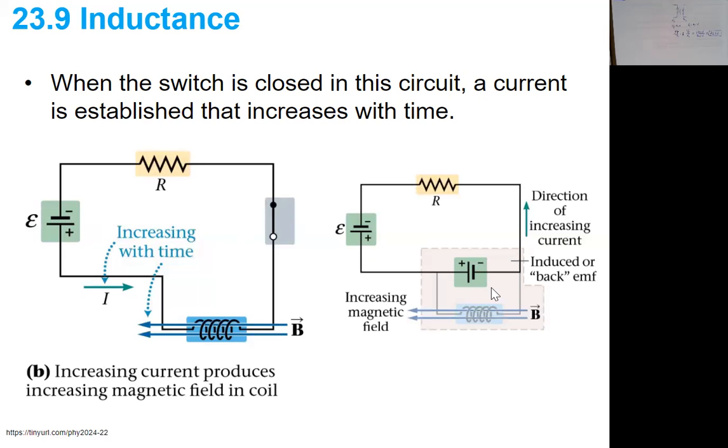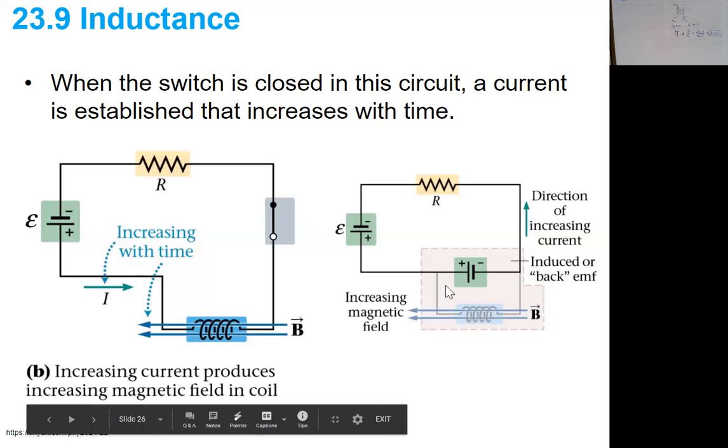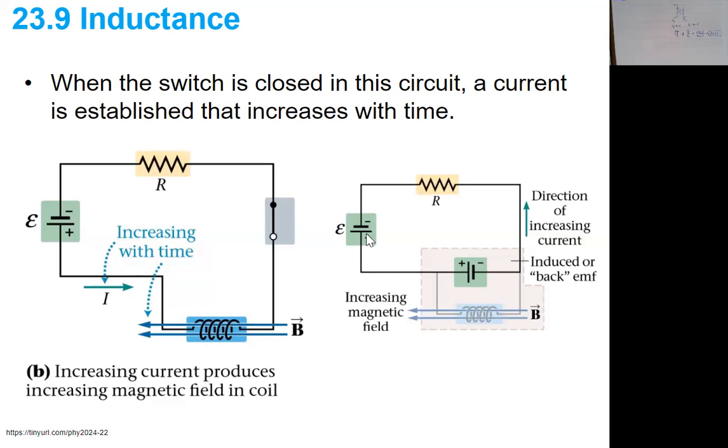The induced EMF can be replaced with a battery in the opposite direction, with positive against positive and negative against negative. This is called the induced or back EMF of the coil.